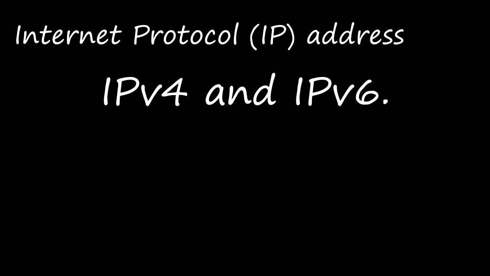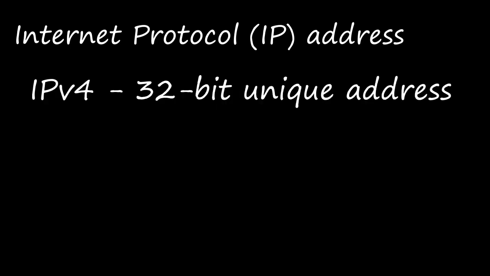So this IPv4 address is a 32-bit unique address given to a computer system. Only one system will have one IP address. If a network has n connections, then n addresses will be there.